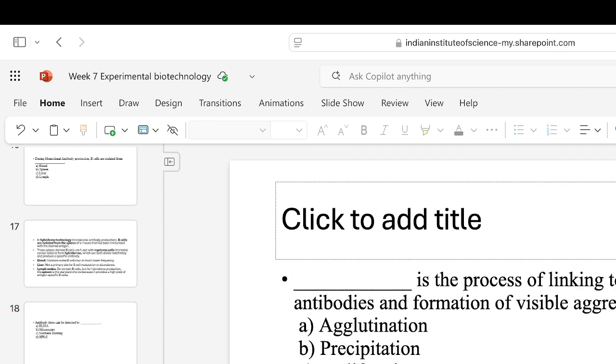The next question is, dash is the process of linking together of antigens by antibodies and formation of visible aggregates. Four options are given here: agglutination, precipitation, proliferation, and gelation.